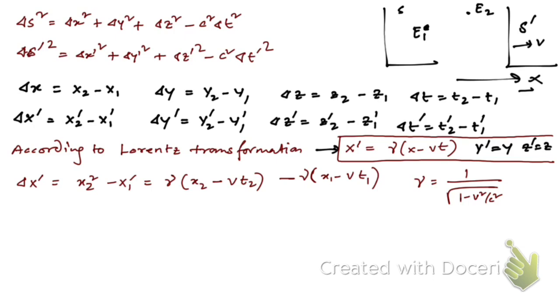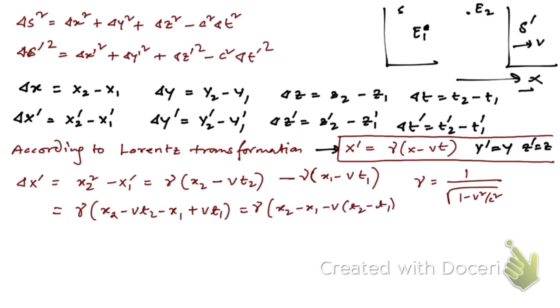So if you simplify these, on taking gamma common, you're going to get x2 minus v t2 minus x1, then plus, on removing this bracket, this minus and this minus become plus, right? Then v into t1, that's what we're going to have. Doing a little bit of arrangement, x2 minus x1, then from these two terms we take minus v common, then we get t2 minus t1 within the bracket, right?